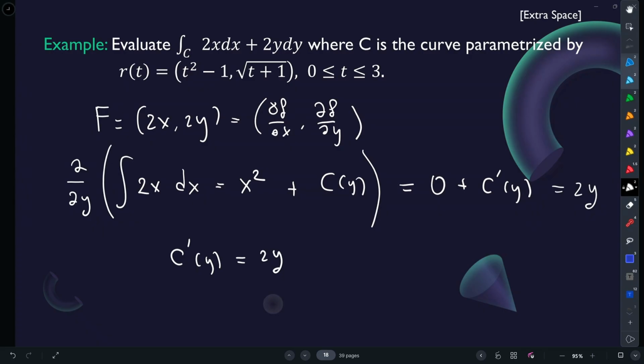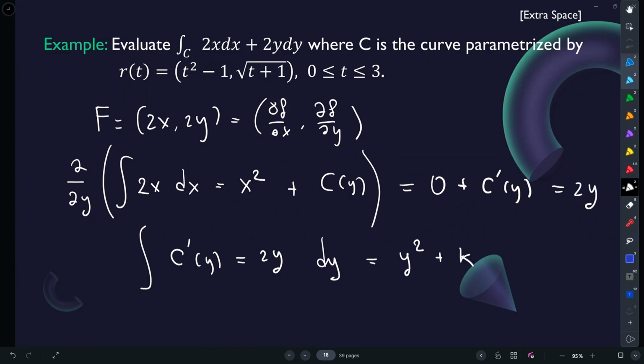So you integrate that with respect to y, and you get that this needs to be y squared plus a constant. Now that constant, let's call it k, it does have to be a number, because now this is not a function of x. It has to be really a number.